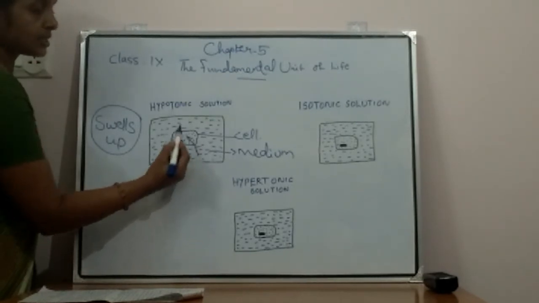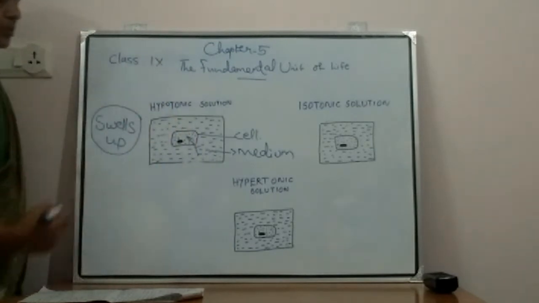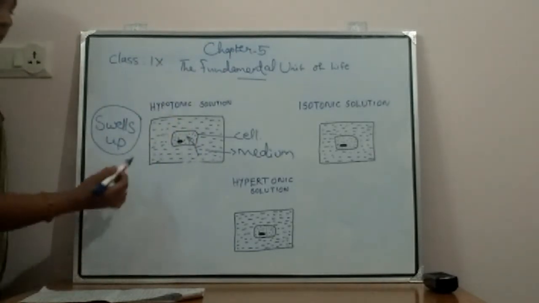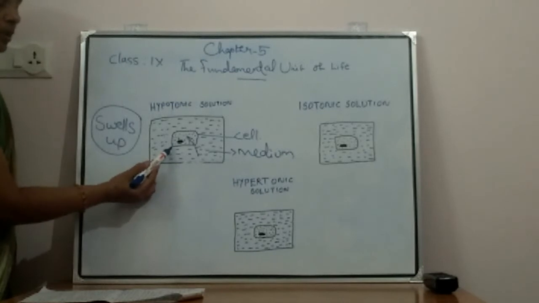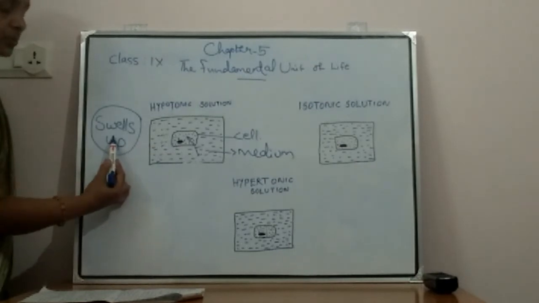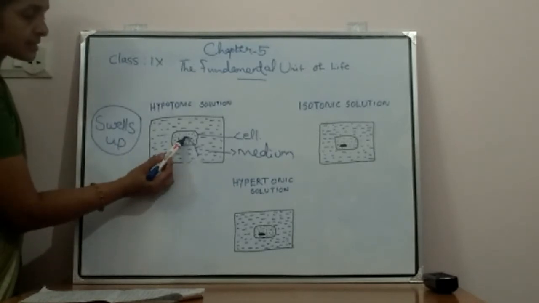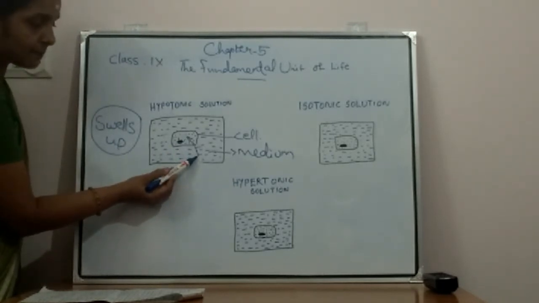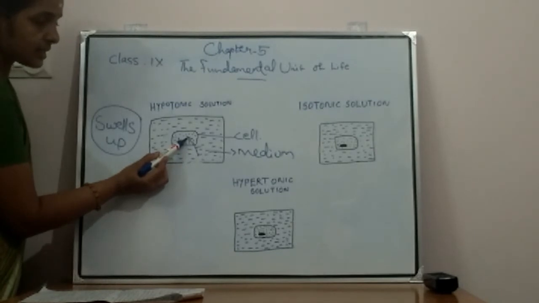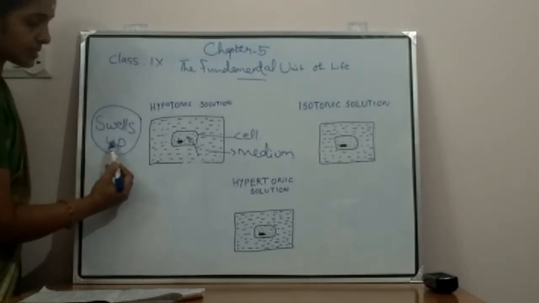Such a solution is known as hypotonic solution. If we put a plant cell or animal cell in hypotonic solution, what will happen? The cell is likely to swell up. Why does that cell swell up? Because water enters the cell from the external medium. So the cell swells up.